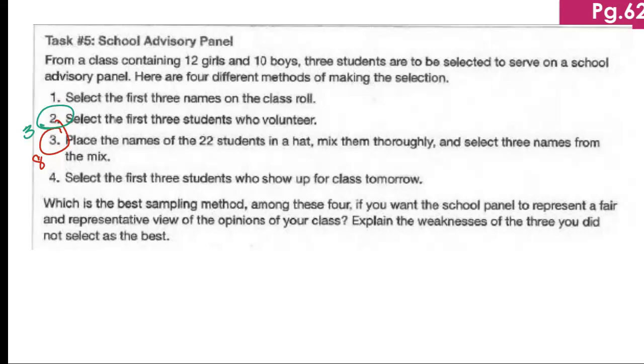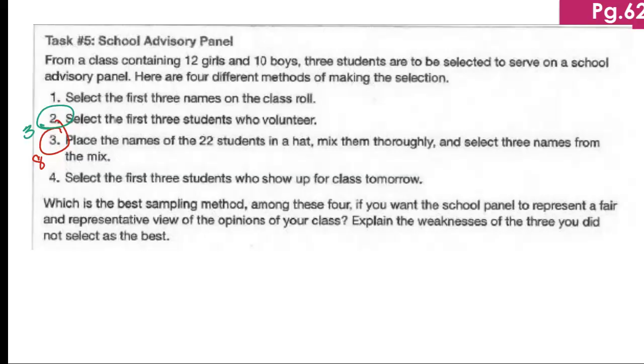Okay. What kind of sampling would we call this? First 3 names on the class roll. What kind of sampling would that be? Check back in your notes. What kind of sampling is that? Not the same view, but we said they could be if they were from the same family.